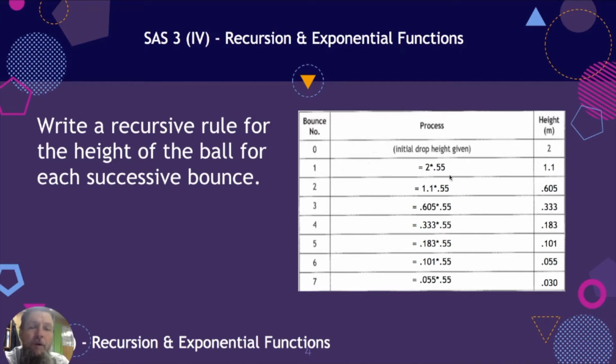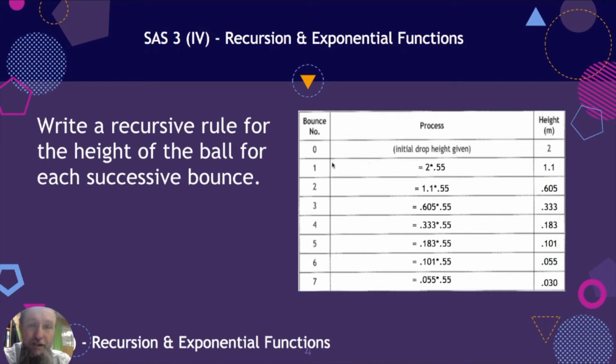Let's look at the process. 2 times 0.55, and we raise that to the first power. The next one we raise to the second, third. So that's pretty easy to write the explicit function. But for the recursive, what are we doing to the last value? We multiply.